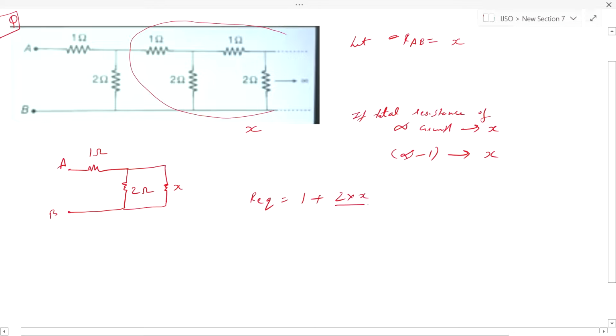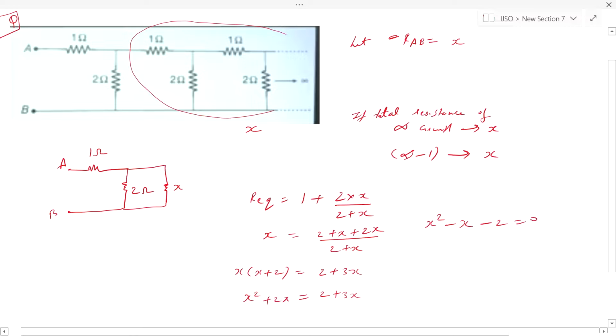So 2 into x upon 2 plus x. So R equivalent is x only. 2 plus x plus 2x upon 2 plus x. X into x plus 2, 2 plus 3x. X square plus 2x is equal to 2 plus 3x. X square minus x minus 2.